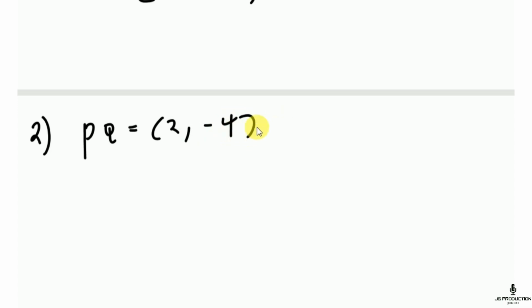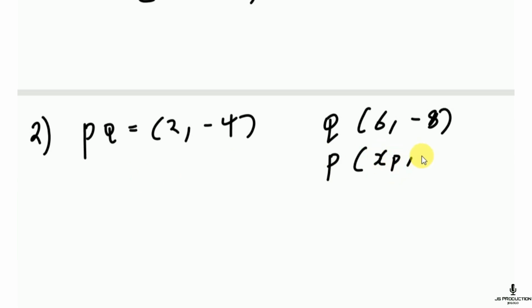Then I've only been given point Q, which is 6, comma negative 8, and I don't know point P. Point P I don't know, so I can say that to be my XP and my YP there. Then I can represent the coordinates of Q as my XQ and my YQ.